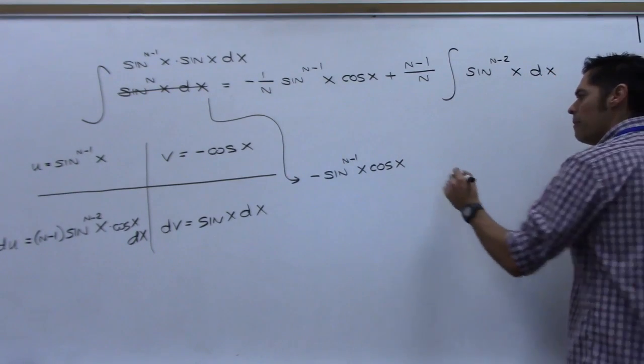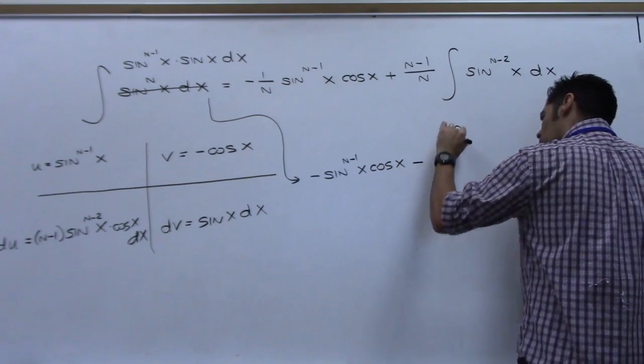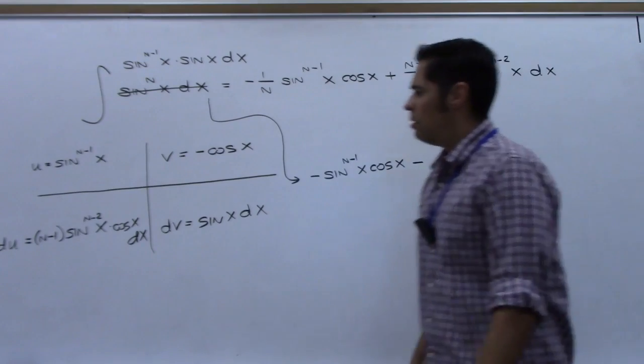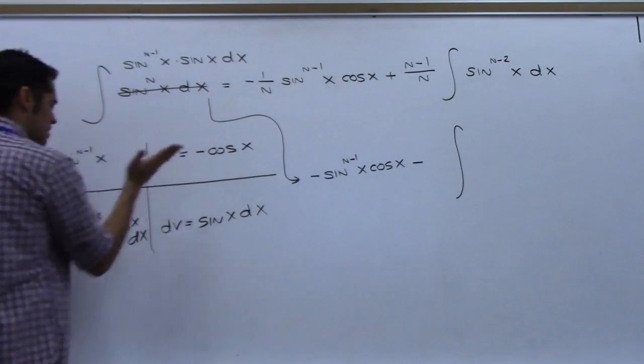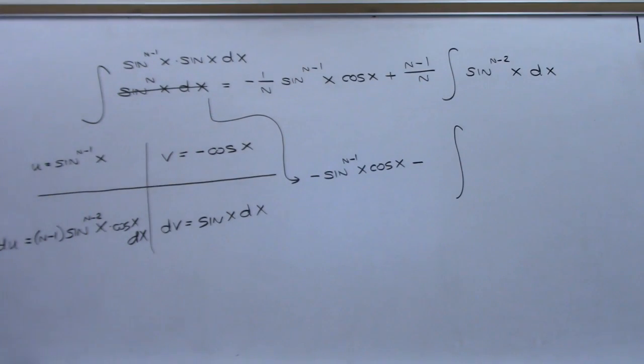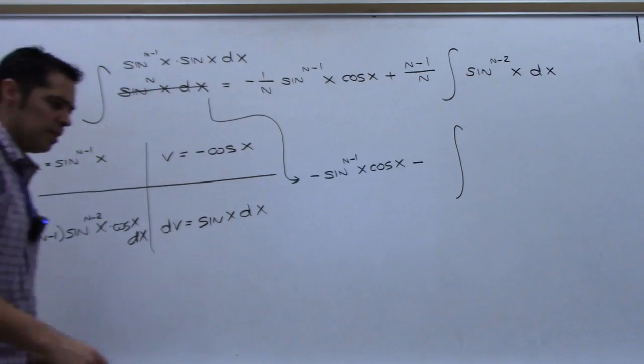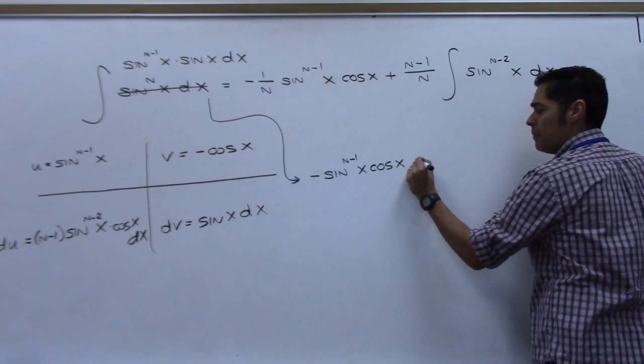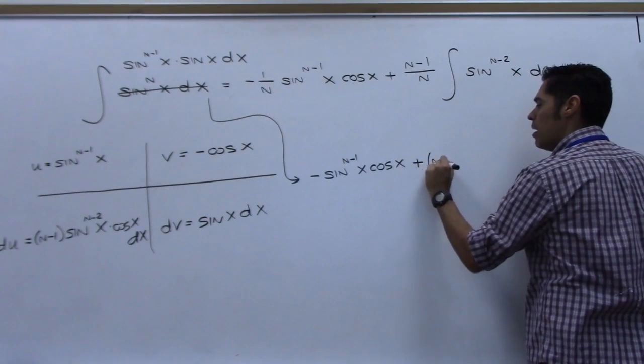Then, according to the formula, minus integral voodoo. So this times this. What are the constants? Are there any constants? Negative, right? Negative 1 and n minus 1. So I can pull out a negative n minus 1, can't I? I'm going to put that in front of the integral. When I pull the negative out, it's actually become what? Plus and n minus 1.